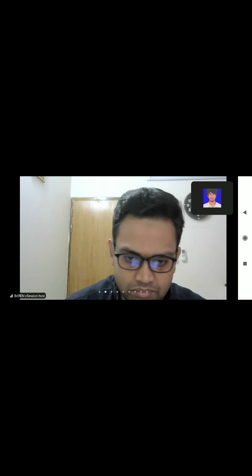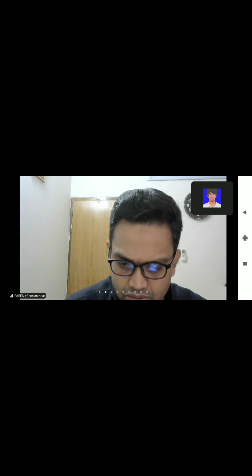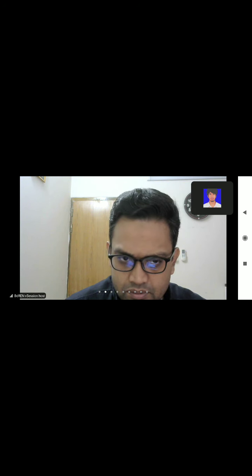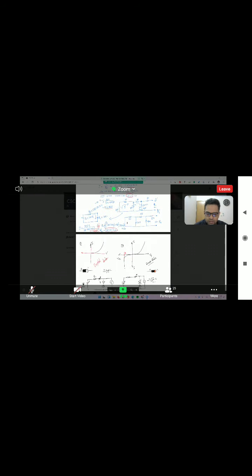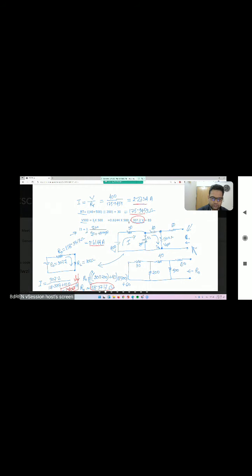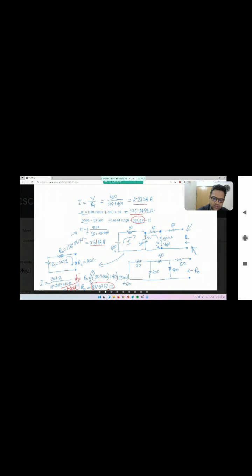Oh, and let me share the screen. Okay, so this is the task we have done yesterday, which you can see. This was the circuit. The circuit was similar, like we have a resistor here.